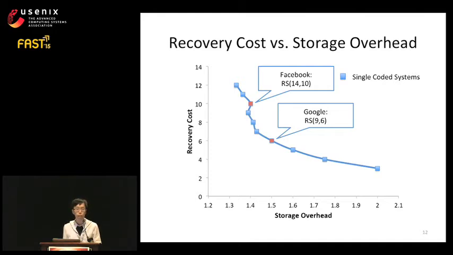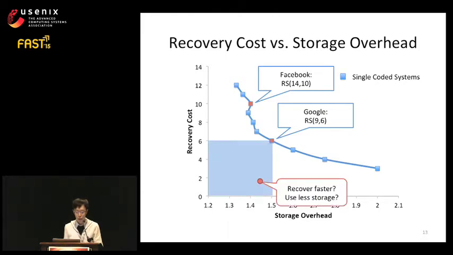You can see that the erasure codes used in existing systems have an inherent trade-off between these two dimensions. So in this work, we want to develop a technique which can achieve lower recovery cost as well as use less storage space.